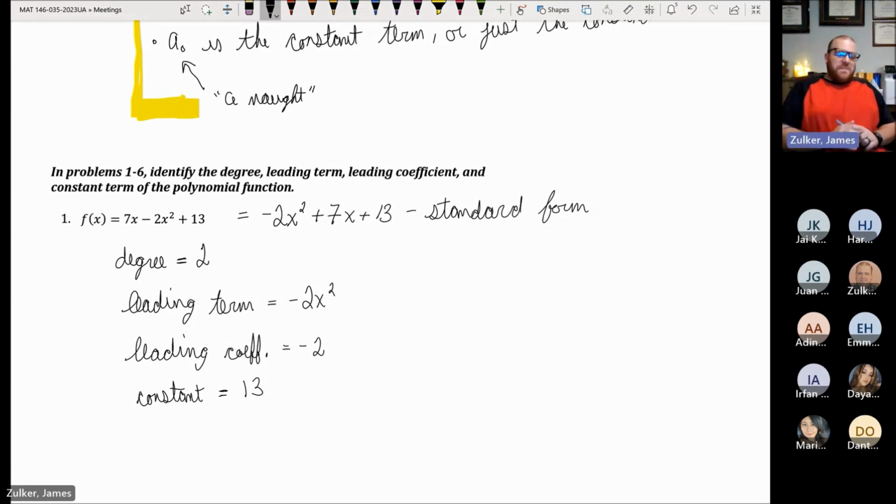So keep in mind that your leading term is the first term when it's written in standard form. Otherwise, your leading term is the term that has the highest power.